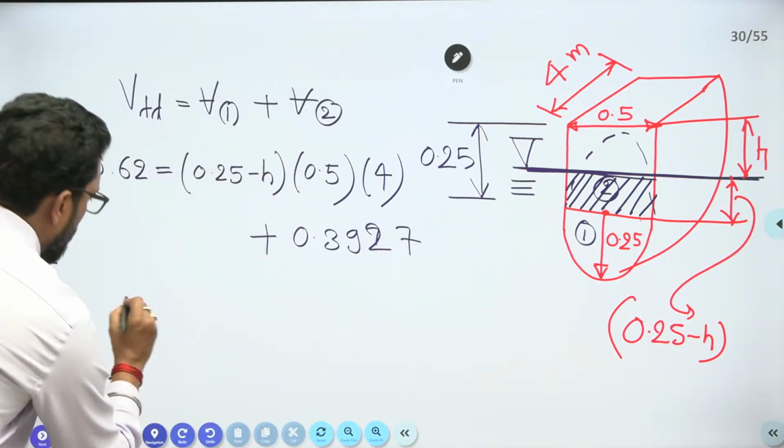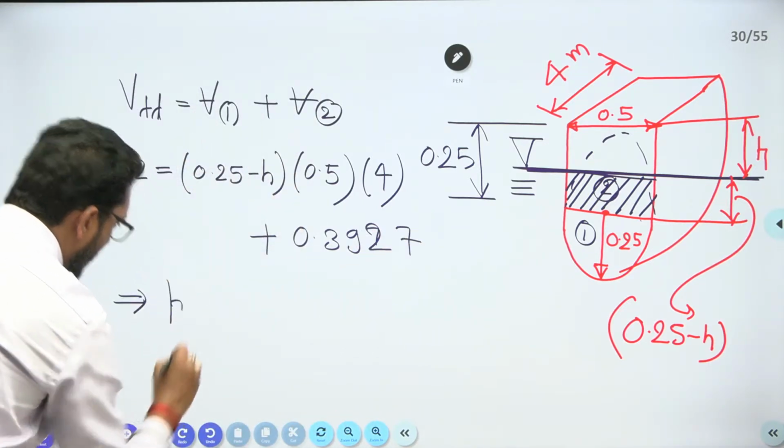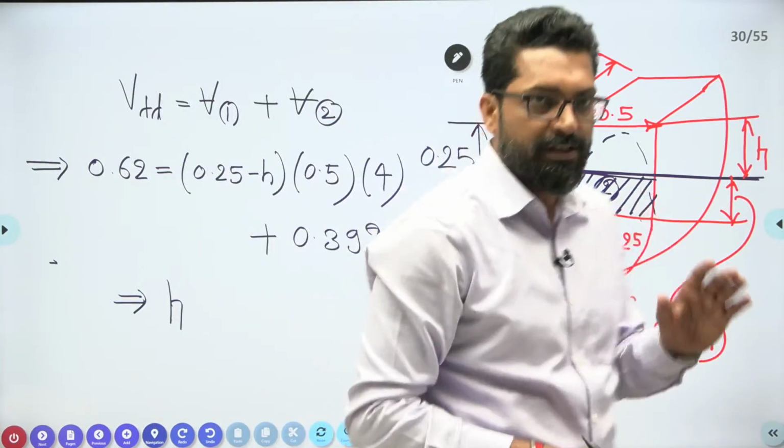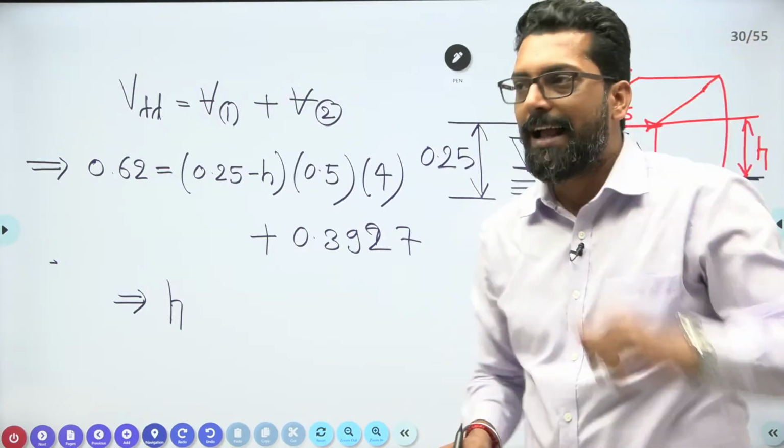From this, you can easily find the height from the free surface above which the platform will lie.